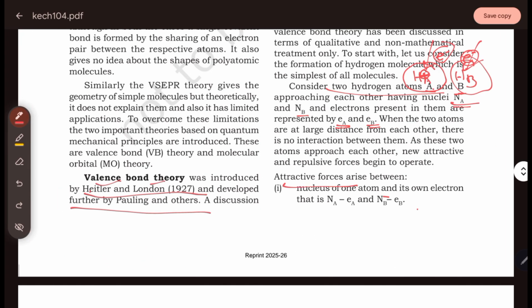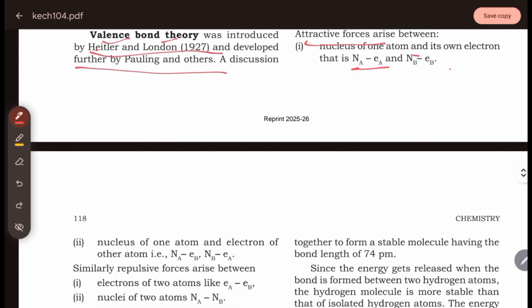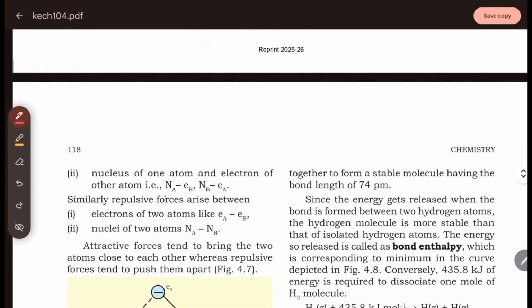One is the attractive interaction between the nucleus of one and the electron cloud of itself, and the nucleus of one and the electron cloud of the other. There is repulsive interaction between the electron clouds of the two hydrogen atoms, and there is repulsive interaction between the nuclei of the two hydrogen atoms.